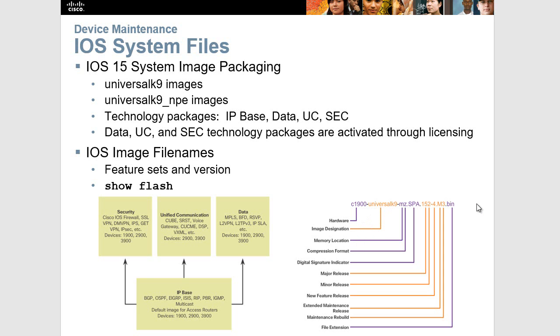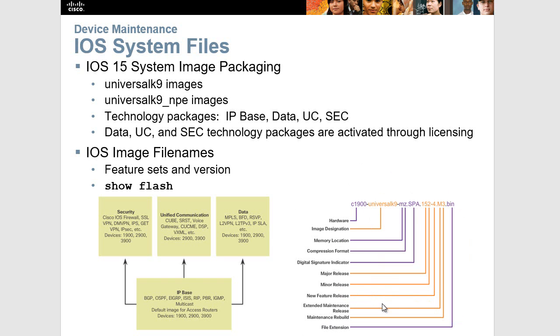It's not just a long, meaningless string of numbers and letters. So you've got your hardware version, your image designation, okay, memory location, compression format, digital signature indicator, major release, minor release, new feature release, extended maintenance release, maintenance rebuild, file extension, yada yada on down the list.